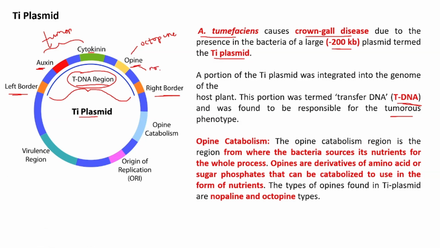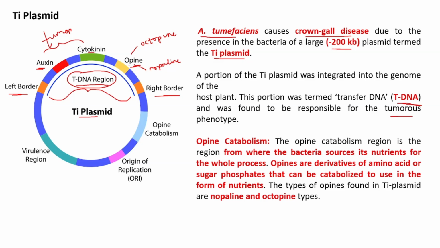These two terms are combinedly called opine synthesizing genes. You have to remember that this gene produces either the product octopine or nopaline. In some strains of Ti plasmid you have octopine producing genes, in other strains you have nopaline producing genes, but there has not been any report where you will find both. So either you will have octopine or you will have nopaline.